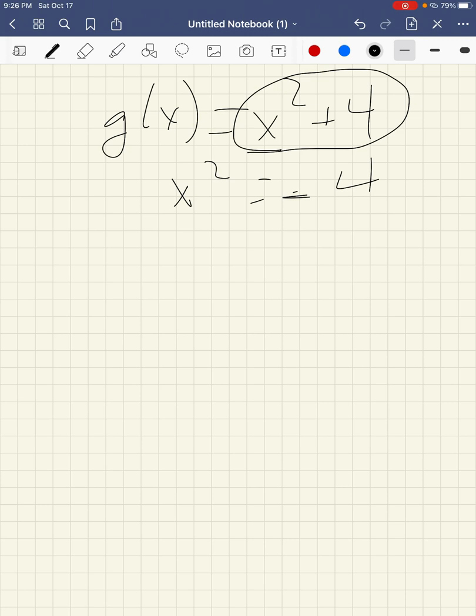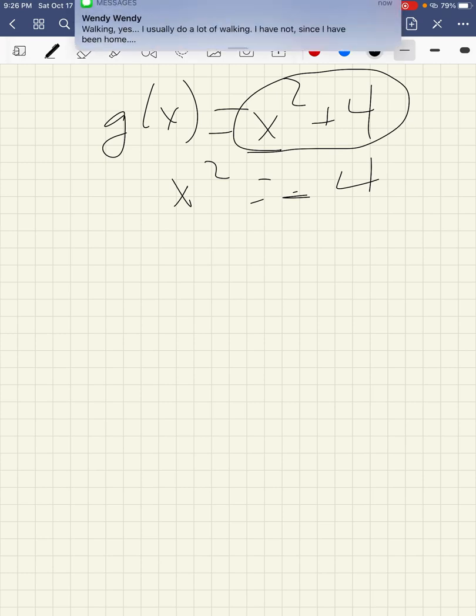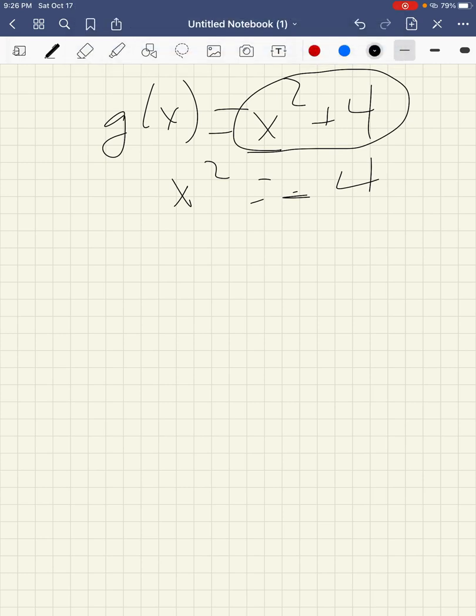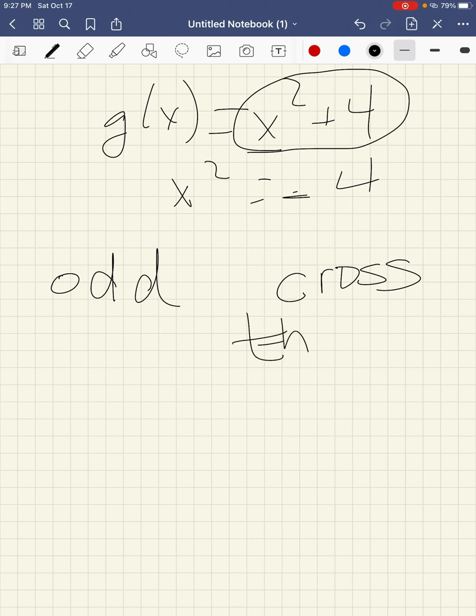All right, next thing at the bottom of the page, the graph of a polynomial crosses the x-axis when a linear factor occurs an odd number of times, and it touches but does not cross the x-axis when a real linear factor occurs an even number of times. If it's an odd number of times, like to the first power, the third, the fifth, and so on, then it's going to cross the x-axis.